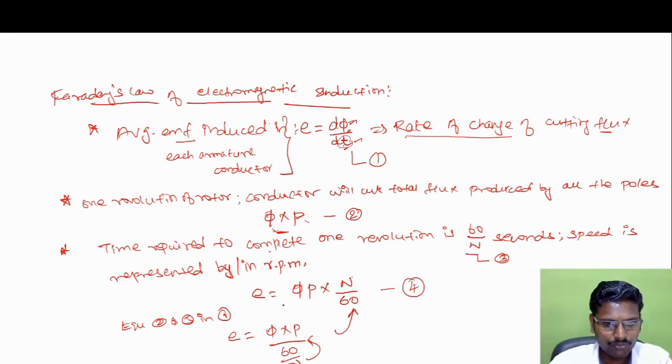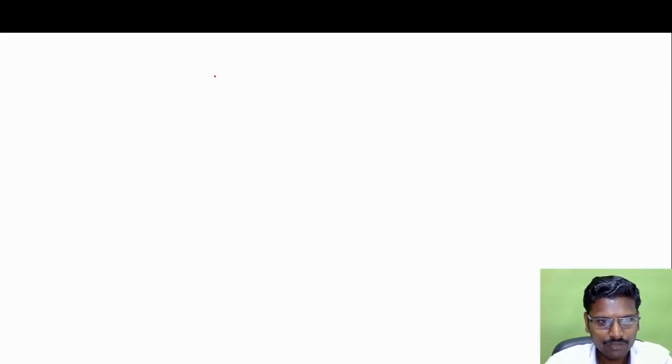So now we have found the EMF for one revolution, one complete revolution with respect to one conductor, one armature conductor. Now there are Z number of conductors in A parallel paths, right? So we need to consider Z and A in this expression. So now we have the expression as E is equal to phi P into n divided by 60, right?